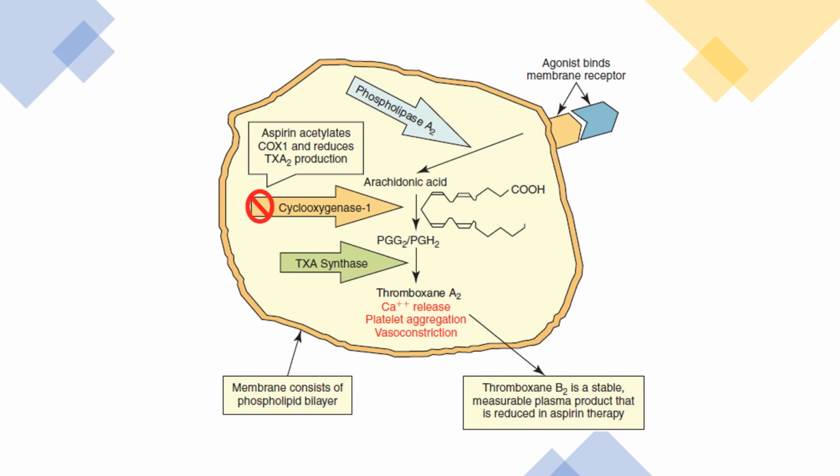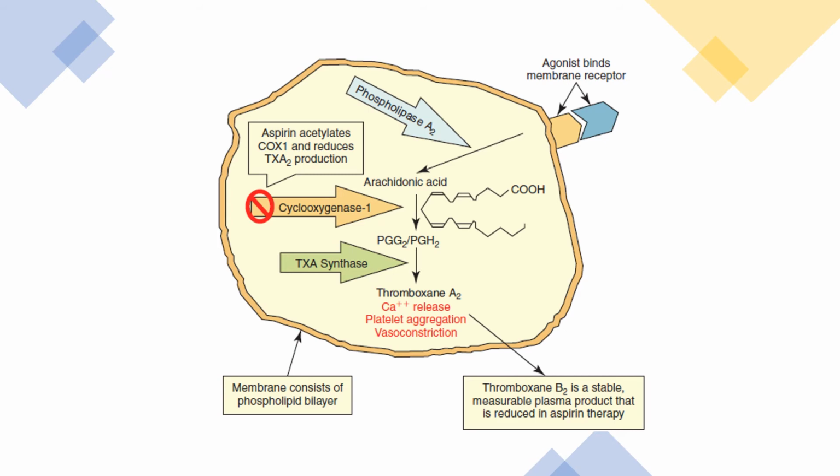In the presence of an enzyme called cyclooxygenase, this arachidonic acid will be converted into prostaglandin, and then another enzyme, thromboxane A synthase, will produce thromboxane A. Thromboxane A is responsible for the release of calcium, platelet aggregation, and vasoconstriction.